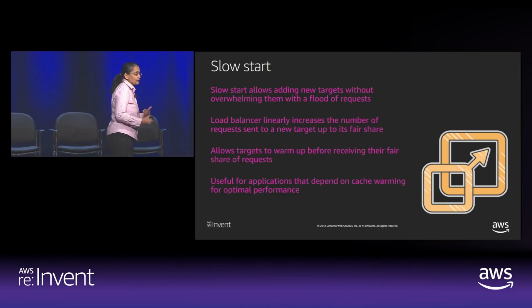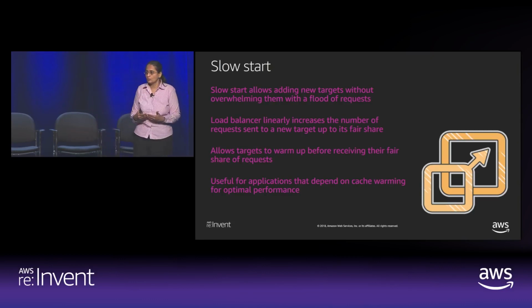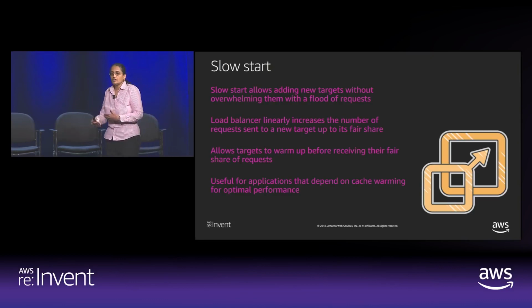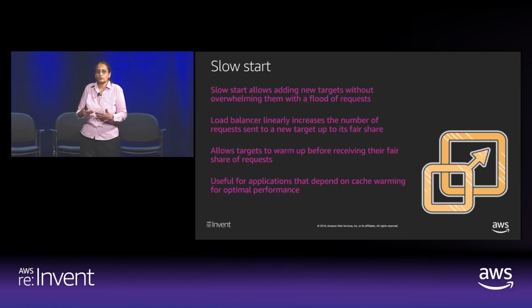So the pain point our customers were seeing here is when new targets are added and the caches on that application or that targets are not warmed yet, it was not able to keep up or it was not ready to take or respond to the requests yet. So what Slow Start does is it actually allows the targets to warm, and only when it's ready, it'll start taking the fair share of requests that it should take.